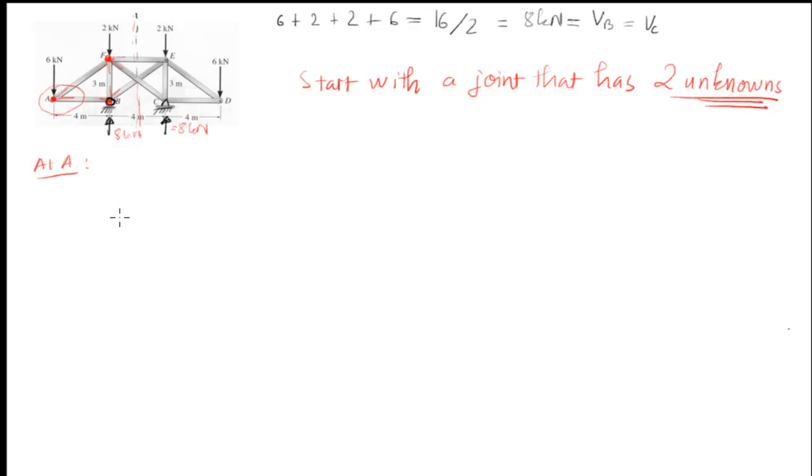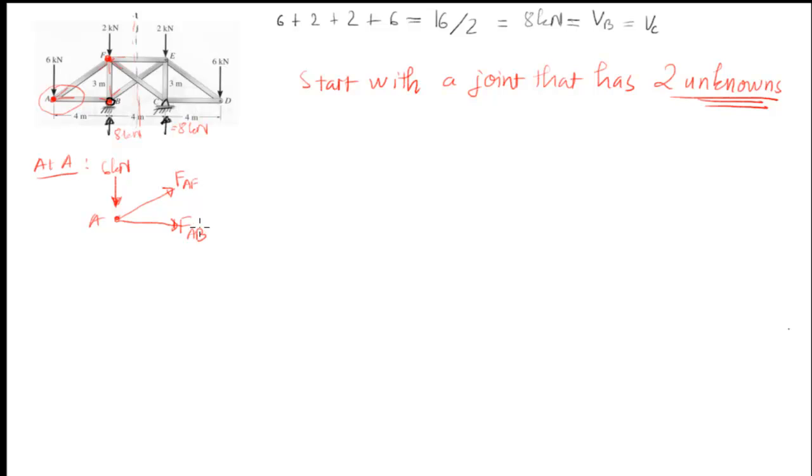So you've got A here, with this force and that force. We've got 6 kilonewton, and this one I call AF, the force AF, and this is the force AB, so I say FAB.